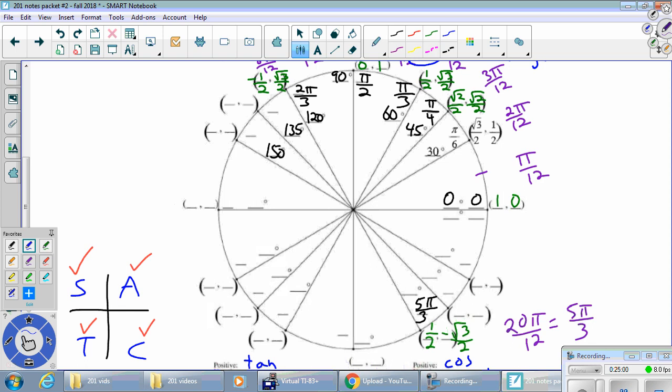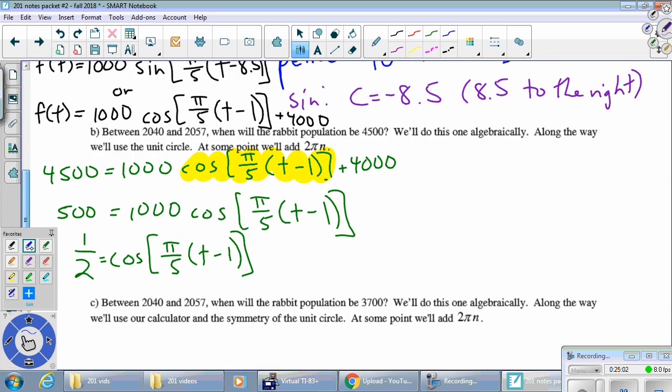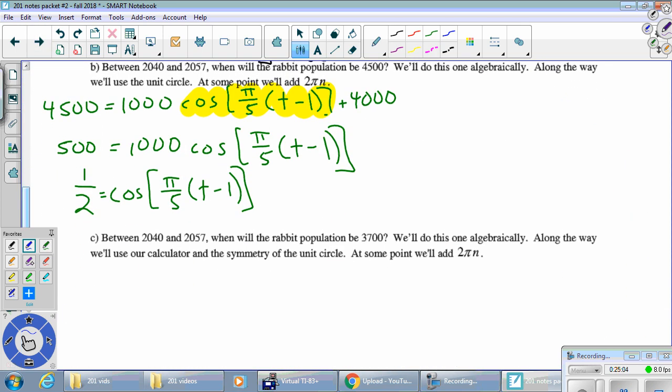That 1/2 was a nice thing. You might think that somebody chose that on purpose. Okay, so we said that theta, don't copy that theta, I'm going to change that in a second. Theta is equal to pi over 3, or theta is 5 pi over 3.